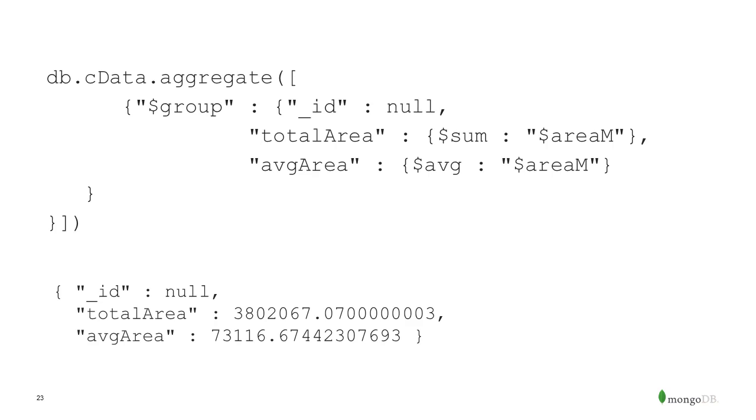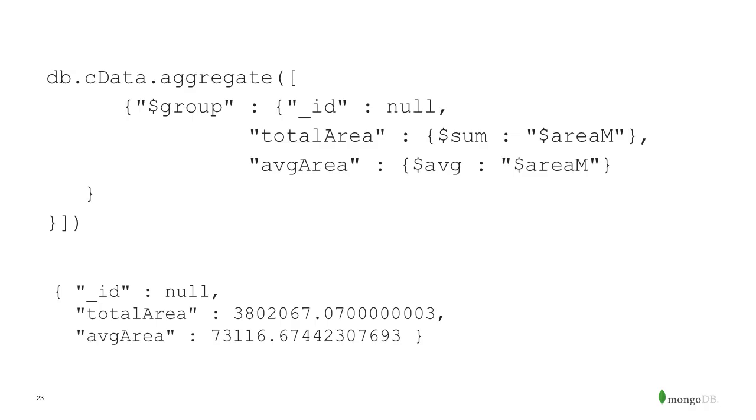This may look really odd to you, but here I'm going over the C data collection. I'm going to do a $group where my underscore ID is null. That means it's going to match every possible document and only output one document out of this aggregation step.